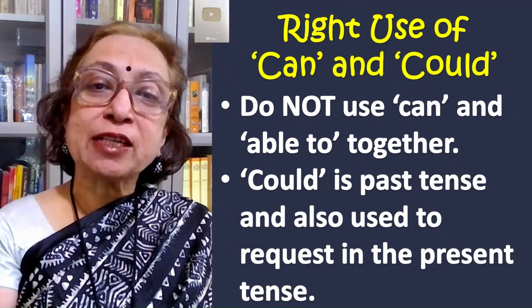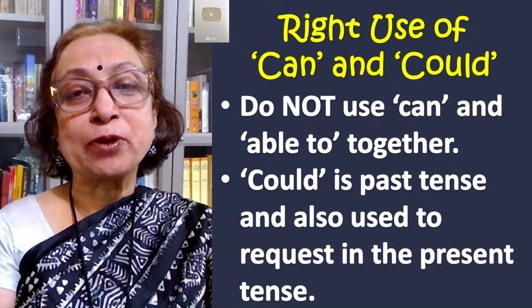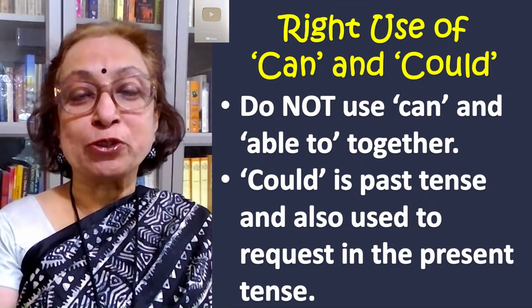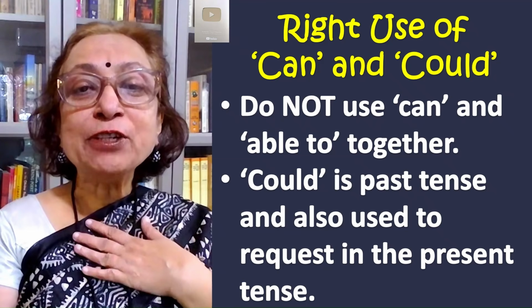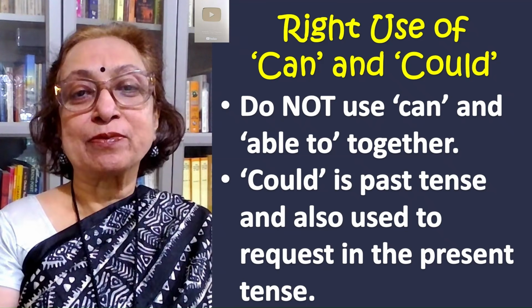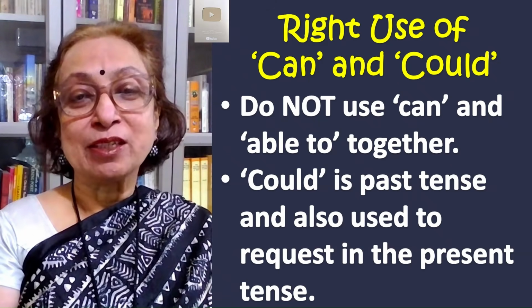Could is used in the past. When can is used in the present, if you want to show the past, you can use could. So, past ability. When I was young, I could run fast. I cannot run fast now.